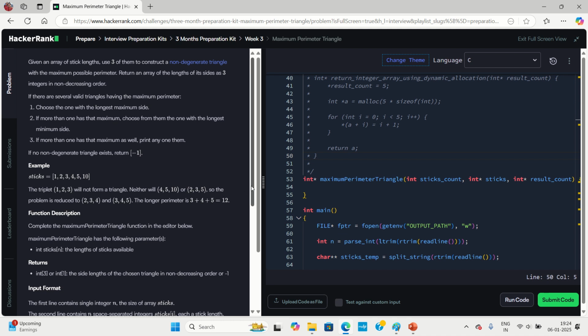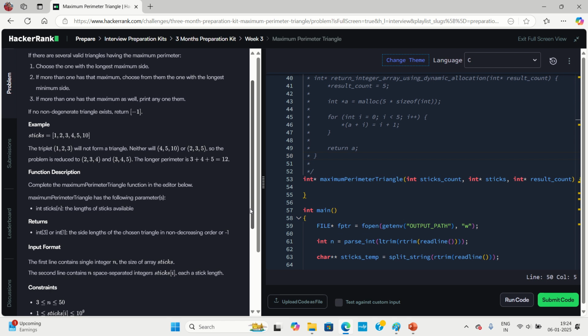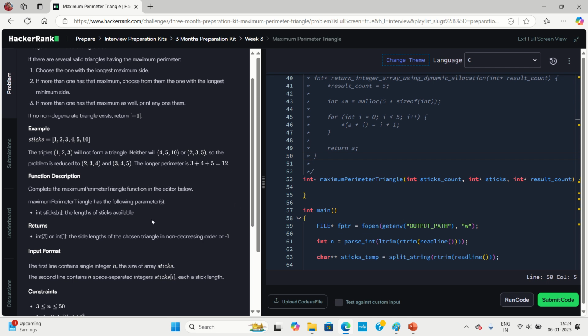So our task here is we should find out the maximum perimeter, and we need to return that triplet only, which is actually giving us the maximum perimeter.